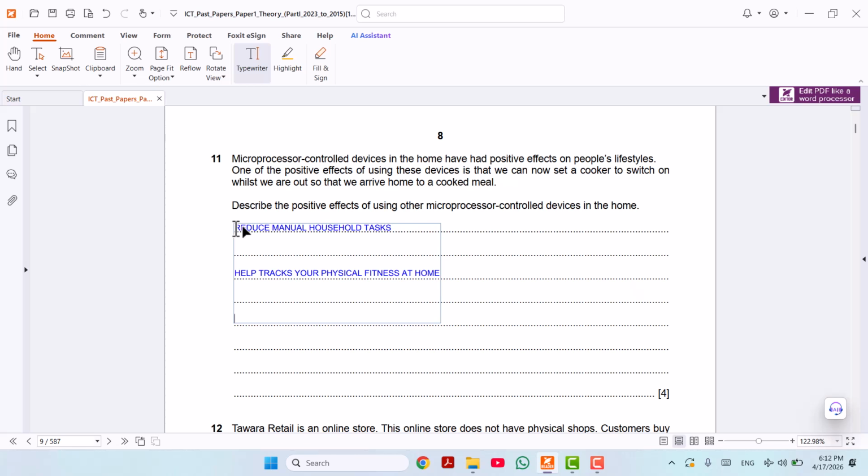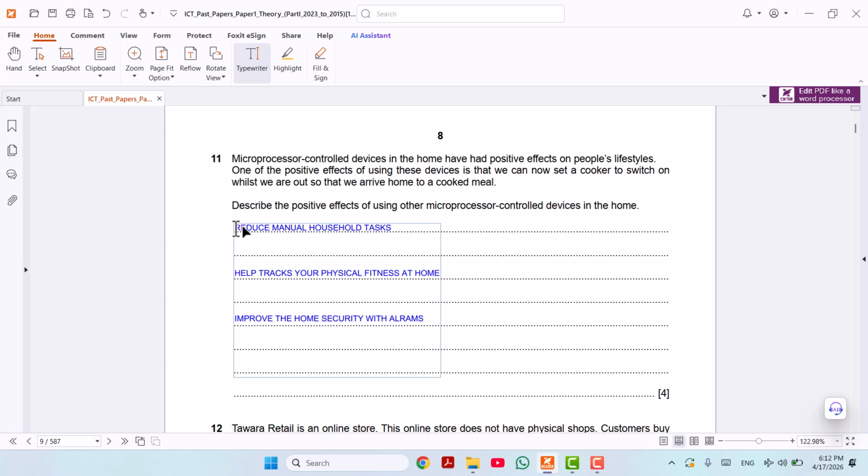Number three, and it is one of the important positive effects, improves house or home security. Okay, with alarms. Like cameras nowadays, the alarms can be around anywhere, so the home will be more secure.